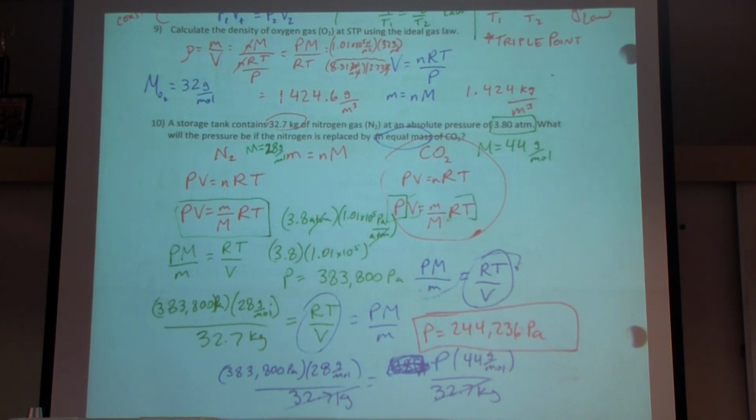If it's heavier, the collisions it has with the walls will be greater, but the temperature is less. Right? You think that it's heavier, but we're lowering the temperature. No, we're not. Sorry, the temperature's staying the same, and this gas is suddenly heavier. Wait a second. Does that make sense? Oh, to keep the temperature the same, the pressure has to be lower. That's how I should have said it. To keep the temperature the same, there has to be less pressure.